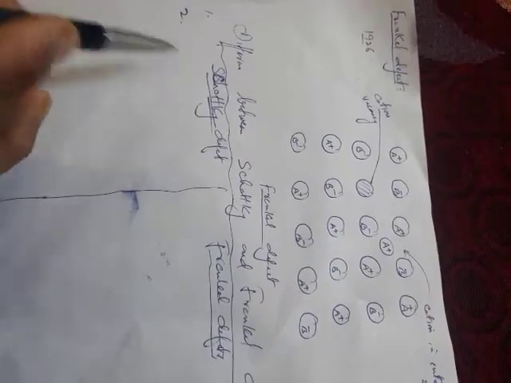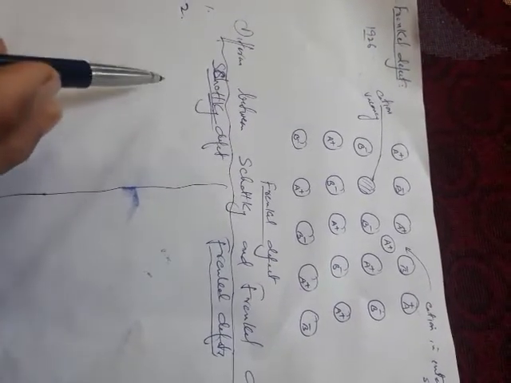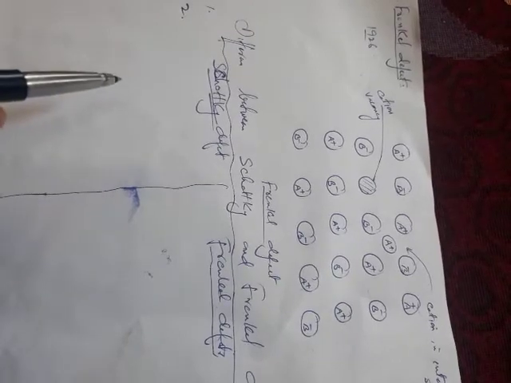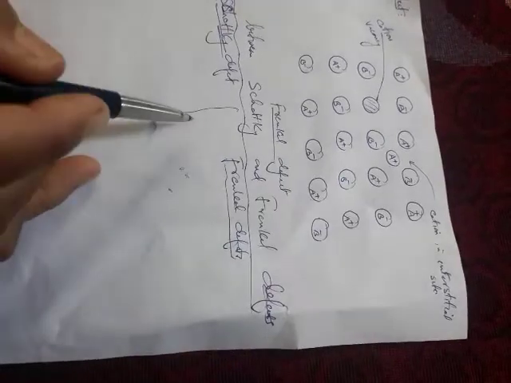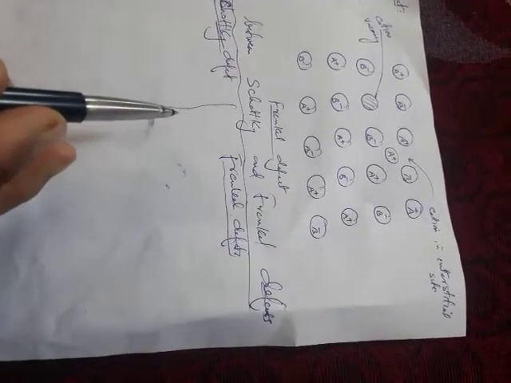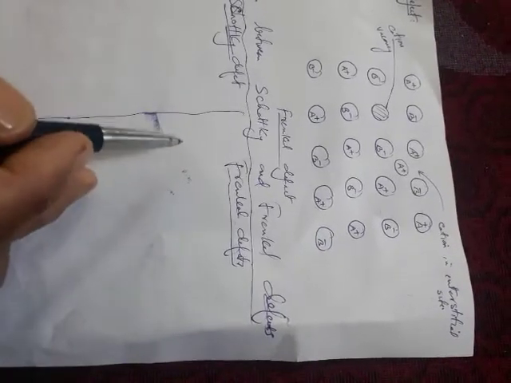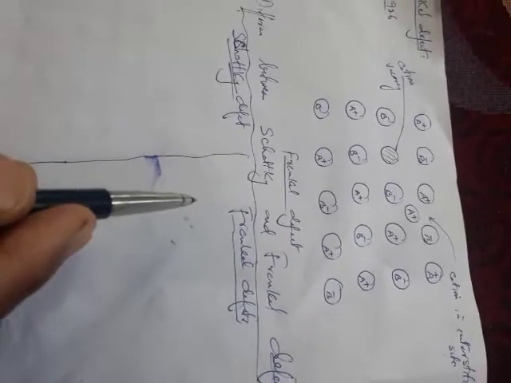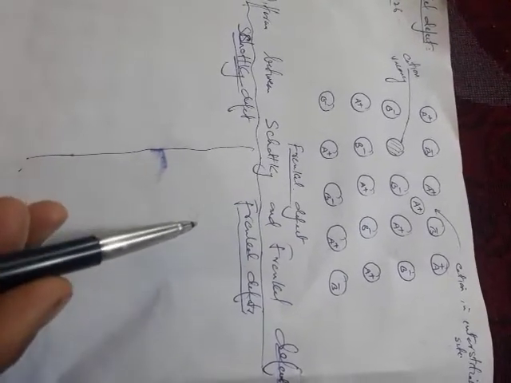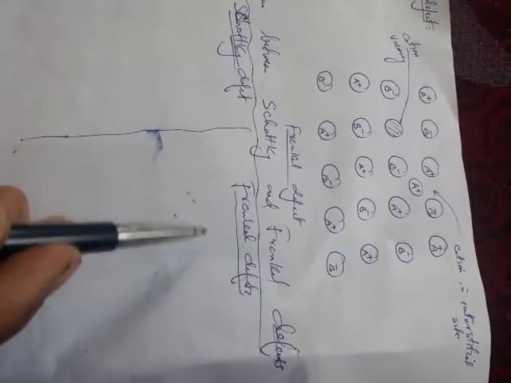So the density of the crystal in case of this Schottky defect decreases, while in this Frenkel defect, since it involves the shifting of the cation from its normal lattice site to some interstitial site, the density does not change, that is, the density remains unaffected.